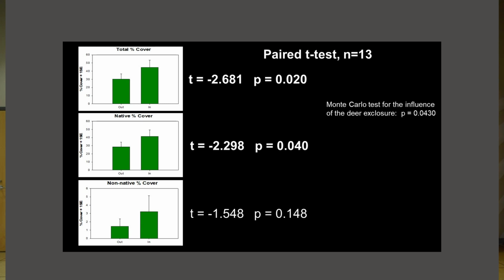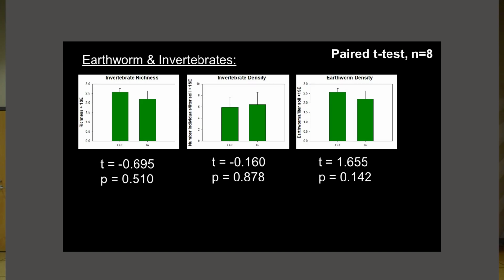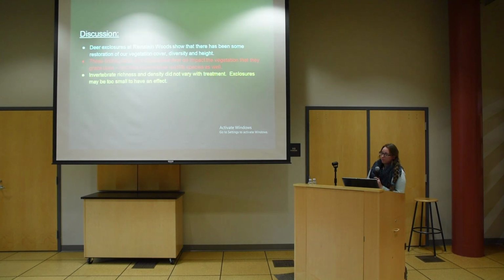Our non-native cover does not show significance. Looking at the graph, we can see that there is slightly more inside, but looking at all of the graphs, for the invertebrate richness and the earthworms, we did have some more on the outside, but not enough to be able to say that it's significant.